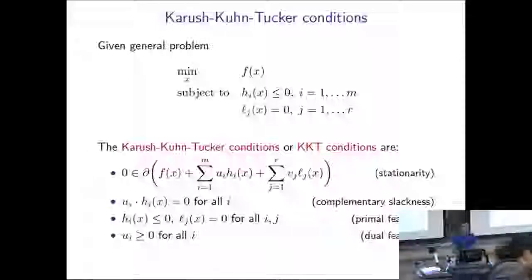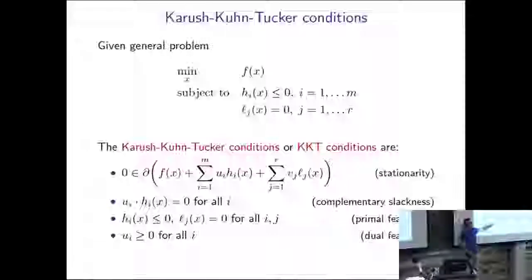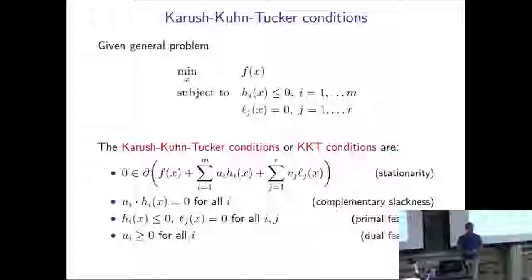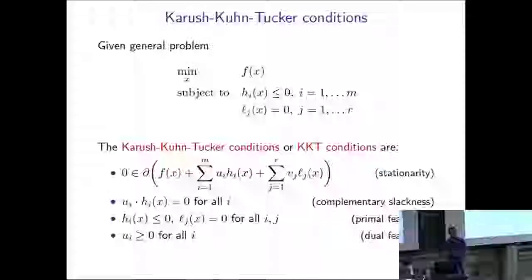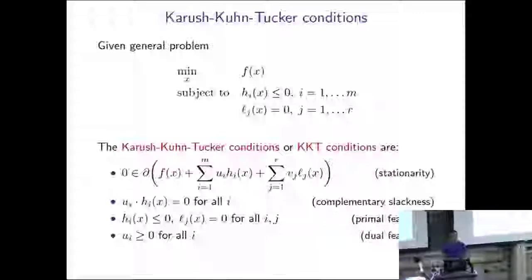And what we're going to be doing in the next several slides is proving that in a very general sense, these are necessary and sufficient for optimality. So if I had an x and a u, v that satisfy these 4 conditions, then x is primal optimal and u and v are dual optimal. It's not always the case, but it's the case for a large fraction of problems, especially convex ones.